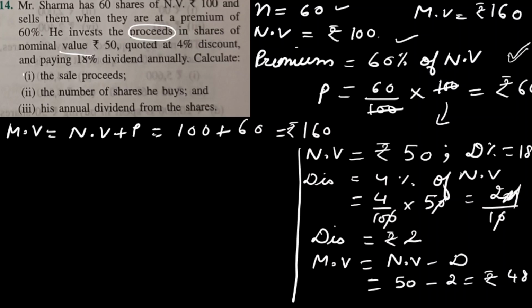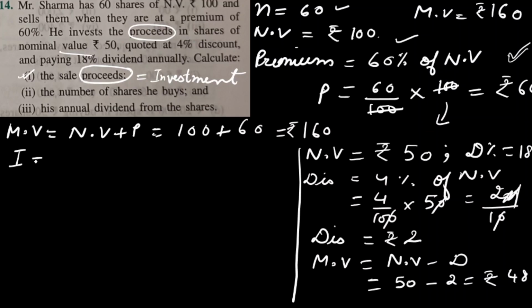So first of all, we have to find sale proceeds. Sale proceeds means investment he has to find. You have to remember proceeds means investment only.